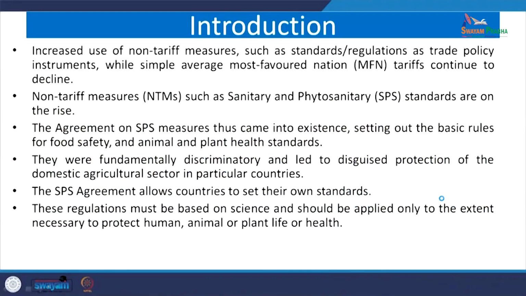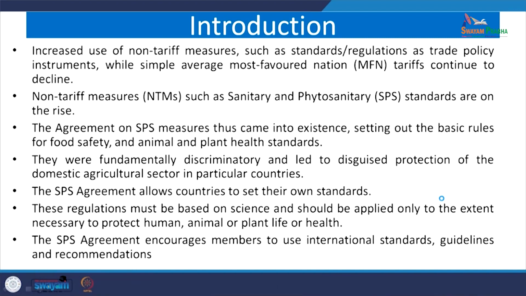The SPS agreement allows countries to set their own standards, because of those agreements, and to protect their country. These regulations must be based on science, and should be applied only to the extent necessary to protect human, animal or plant life or health.